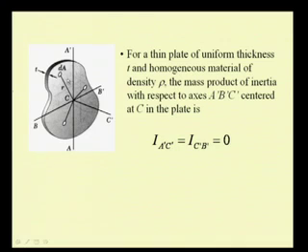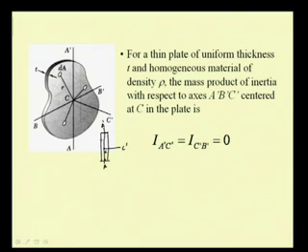Because if we view this plate along the axis B B prime, we have this C C prime axis and A prime A axis.